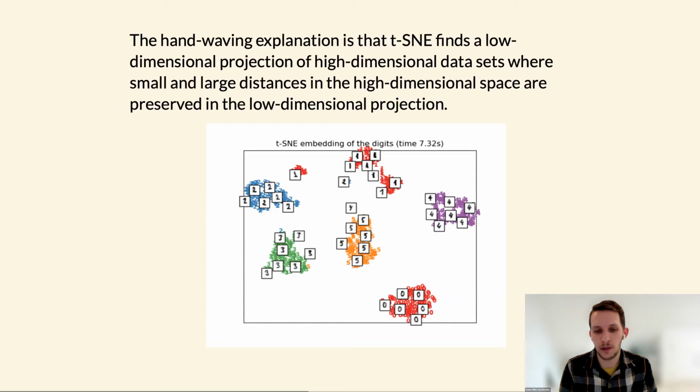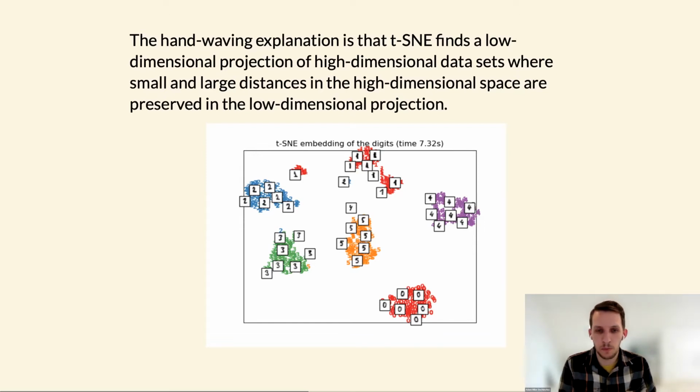So essentially these are 2D images with 64 features, one measure of brightness in every pixel within the 8 by 8 image. Reducing this 64-dimensional data space down to 2 dimensions, you can see that almost all of the numbers, 0 through 5, are clustered separately, with small local distances between things that are the same and large separations between things that are very different. So TSNE is a great tool.